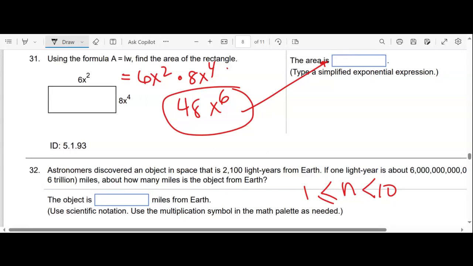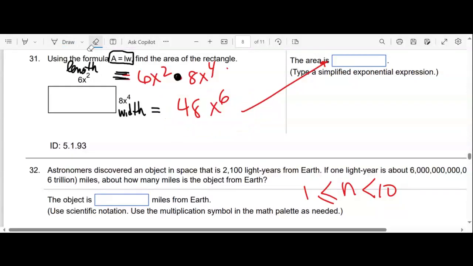So what is the length, Turkey? 6x squared. What's the width, Turkey? 8x to the power 4. So he said the area of the rectangle is what? Length times width. So you have to multiply 6x squared times what? 8x to the power 4. Give you how much? That's the answer. Easy as easy.